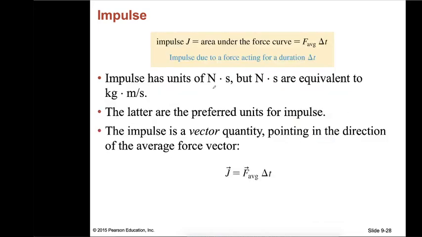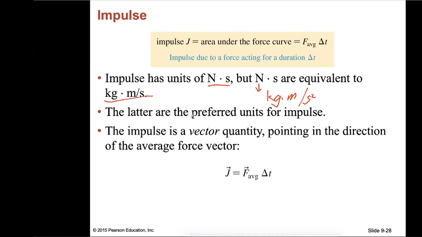So impulse will have a unit of Newton times seconds. And if you remember, 1 Newton equals 1 kilogram meter per second squared. So Newton times second equals this unit, kilogram times meter per second.